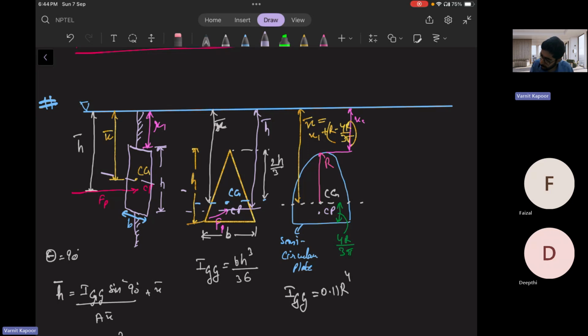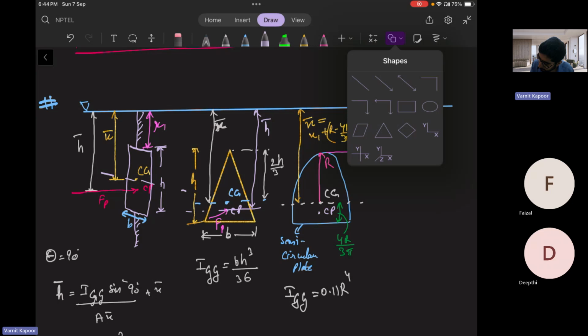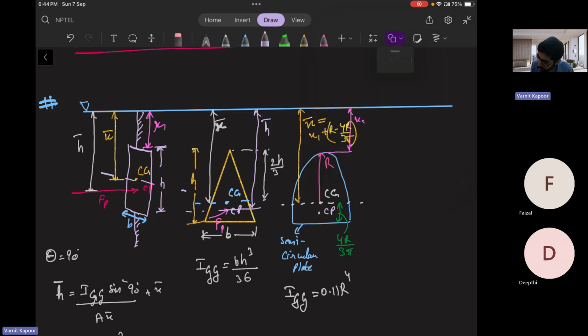So I have a plate like this, whose upper length is small a and lower length is small b.